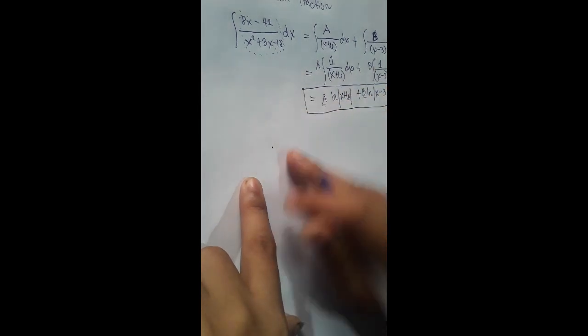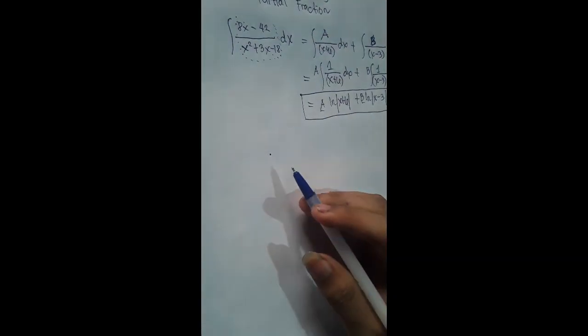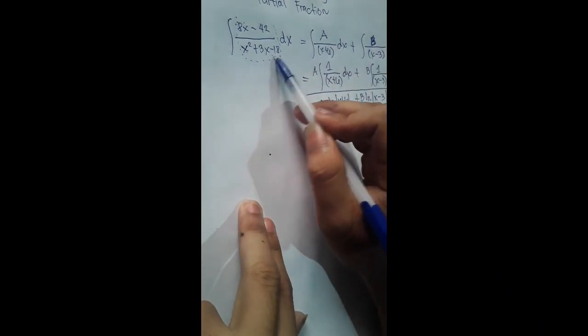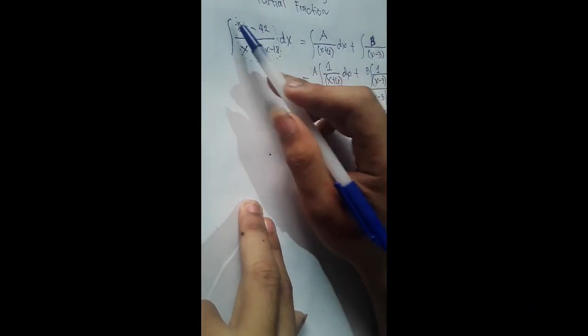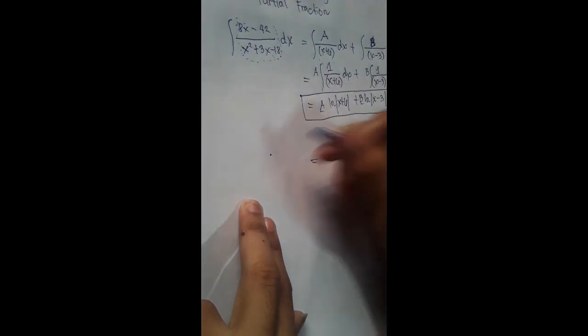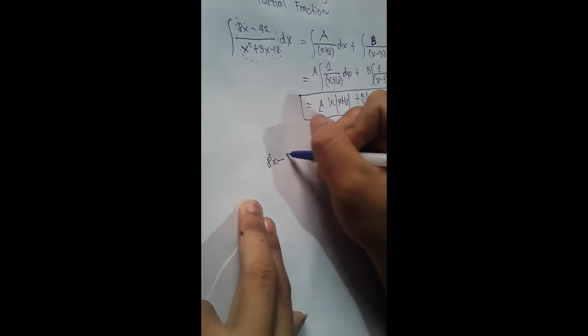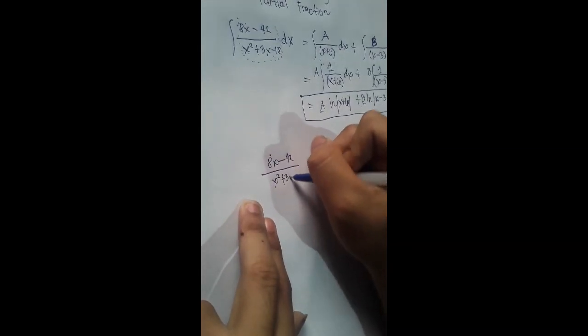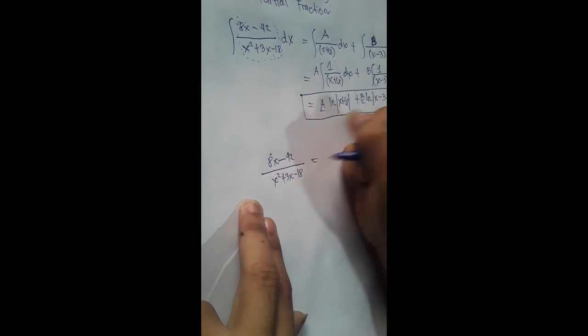So for the process, we copy this integrand because we are going to simplify this one. We copy here 8x minus 42 over x squared plus 3x minus 18.